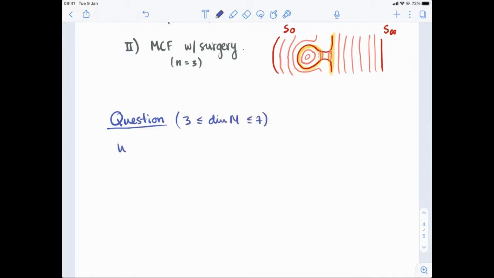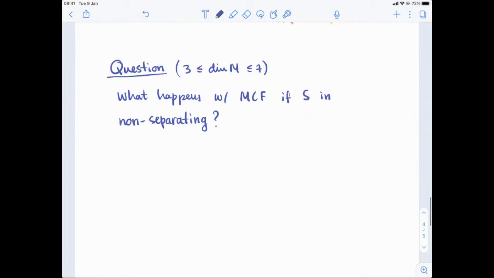So what happens with the mean curvature flow if S is non-separating? So let me tell you what I mean by that. Non-separating means that M minus S is connected.